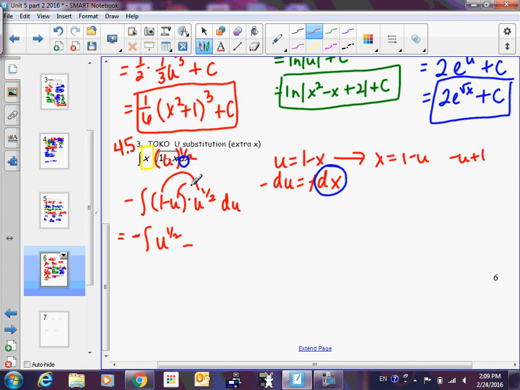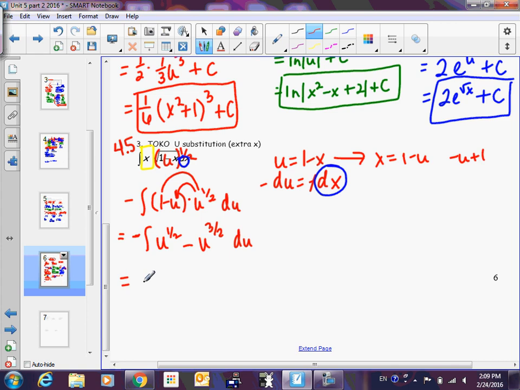Minus, what is u times u to the 1/2? How are you guys getting 3/2? You add the exponents. The exponent on the normal u is just u to the 1. 1 plus 1/2, that's 3/2.